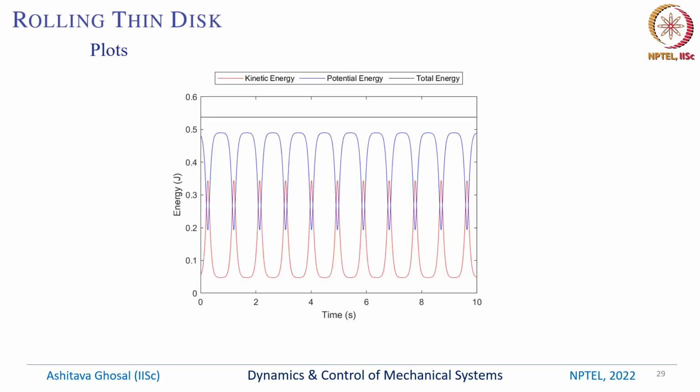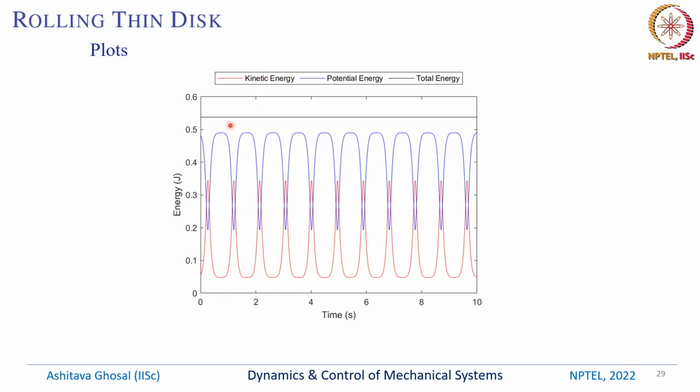How do we know all these simulations are correct? One test is that we need to ensure that the total energy of the system is constant. Remember, there are no external forces. So whatever the initial starting energy is, the kinetic energy and the potential energy, we know what the potential energy is. It is mg r cos theta 2. We know what the kinetic energy is. There is an expression for the kinetic energy which I have shown earlier. So the sum of kinetic plus potential energy should be constant, and we can plot that.